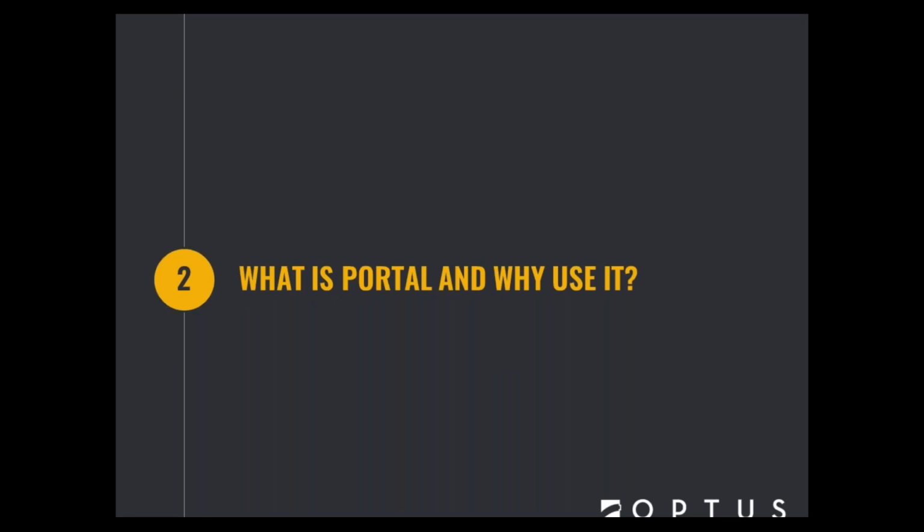So just to quickly go over what we're going to cover today, I want to discuss a little bit what Portal is and why we use it here at Optus. I'm going to talk about entering a case, how you can do that through Portal. We're going to talk about managing locations as your business grows. New site locations may pop up, and entering those in our portal is really simple. So I want to walk you through that also.